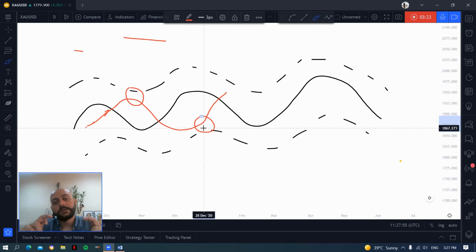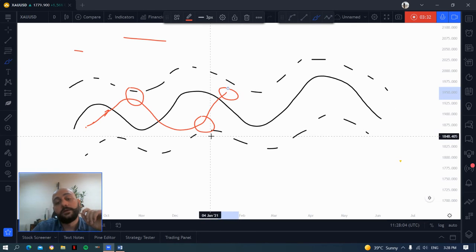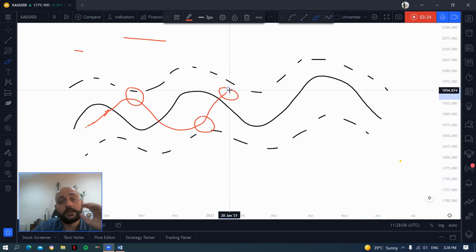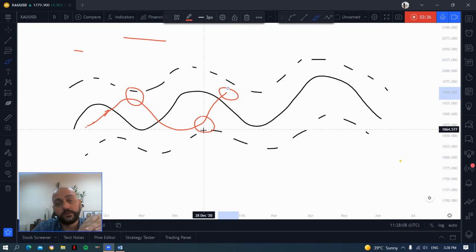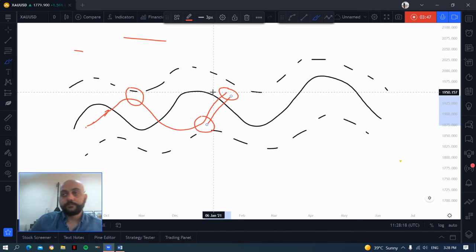Because this indicator is bounded up and down, let's say we want to take profit here. We set up our target at the upper end after the price has reached the lower end, and we wait until the trade goes up and we take our profits. It's very simple, but you have to remember this indicator is based on the market volatility.